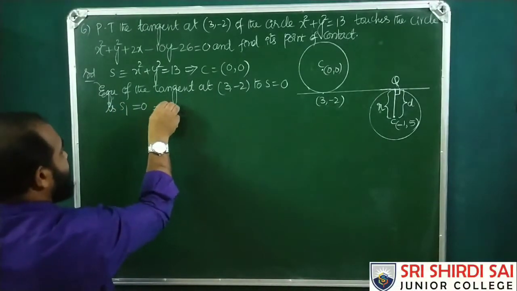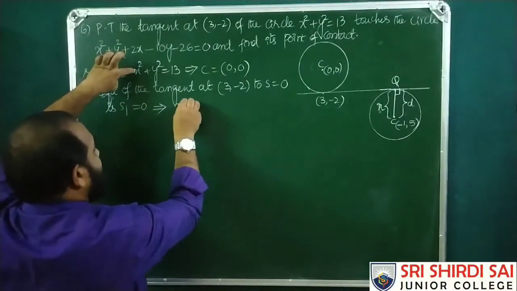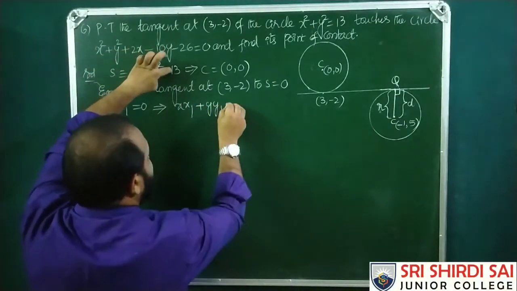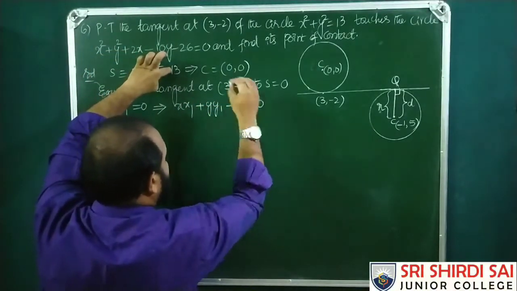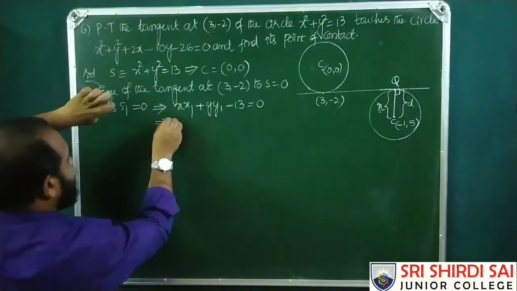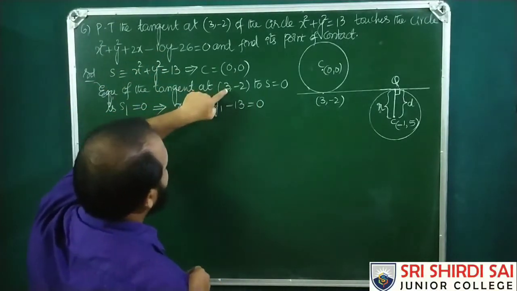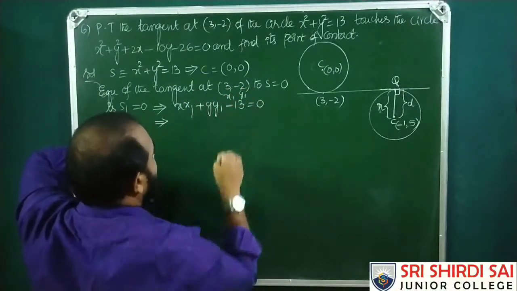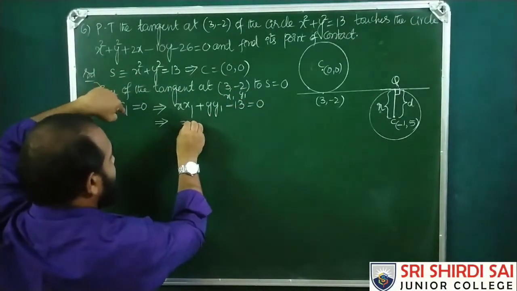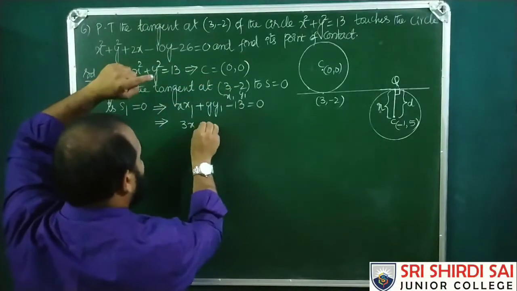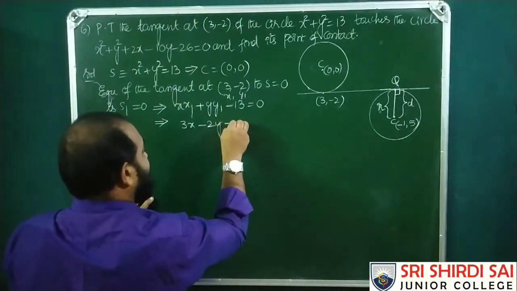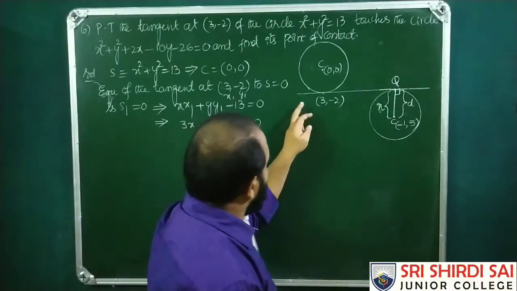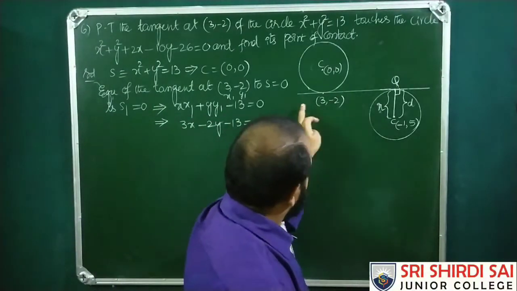That implies x x1 plus y y1 minus 13 equals 0. Substituting x1, y1 with this value, 3x minus 2y minus 13 equals 0. Therefore this is the equation of the tangent.